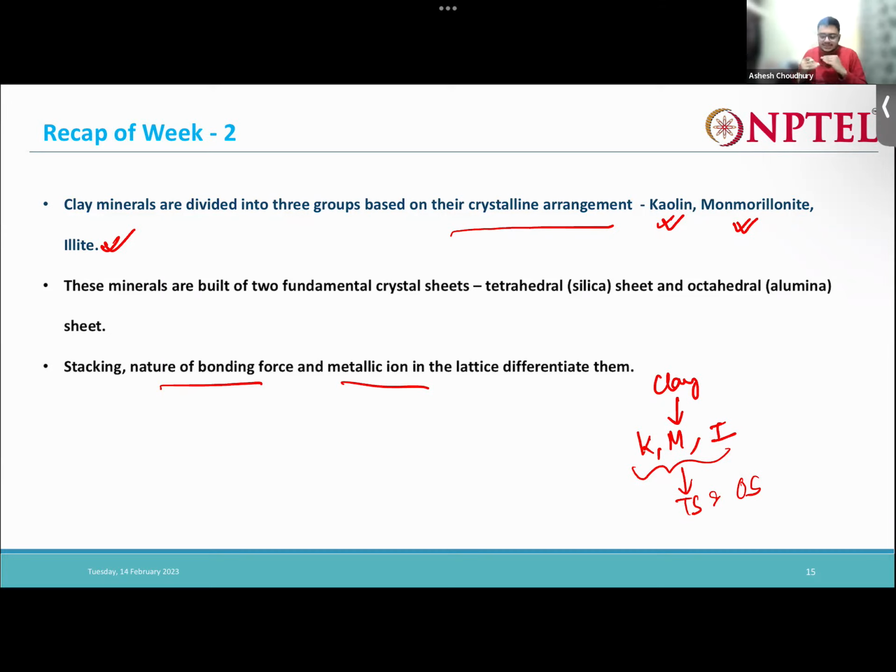In the stacking of this tetrahedral and octahedral sheet, the bonding forces between the sheets, and the presence of some metallic ions in between the sheets, these three things form these three types of clay minerals: kaolin, montmorillonite, and illite. So these are the main things which differentiate K, M, and I.